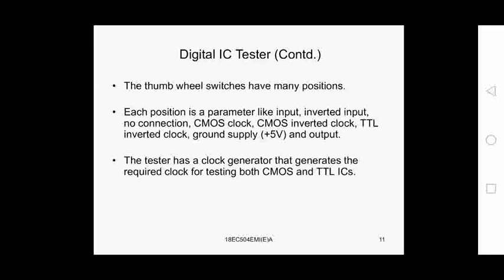If you are choosing CMOS ICs, you can choose the CMOS clock. If you are going for TTL ICs, you can choose the TTL clock. So at a time you can check both CMOS and TTL ICs also.